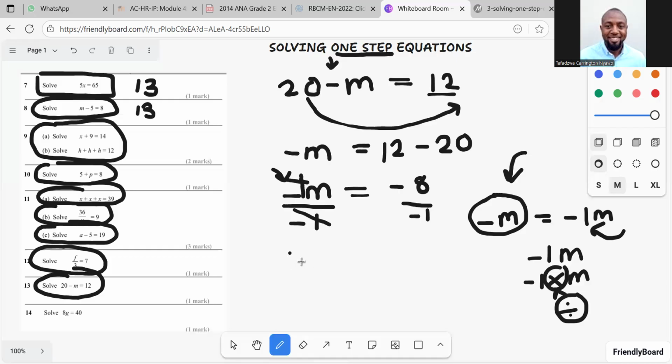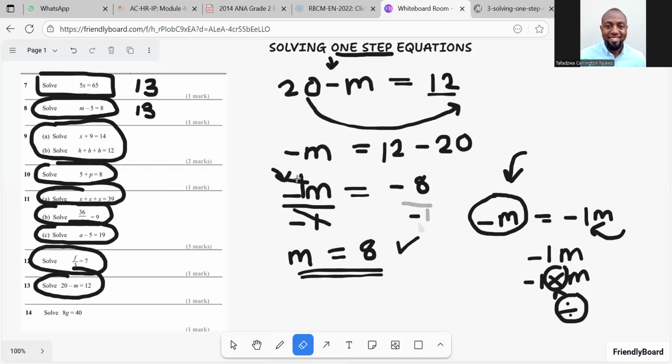And then I'm left with m is equal to -8 divided by -1. And negative divided by negative becomes a positive. So this becomes my answer. M is equal to 8. That becomes my answer. All right.